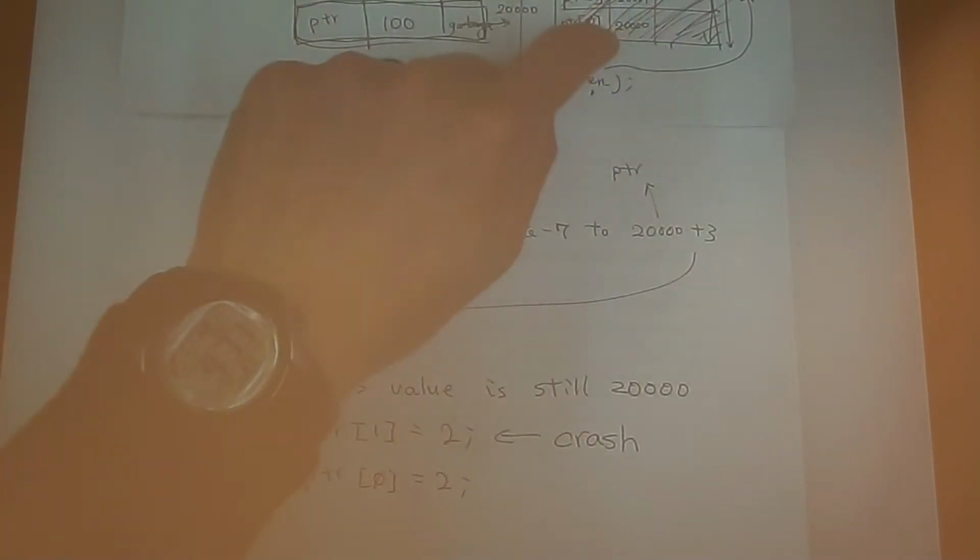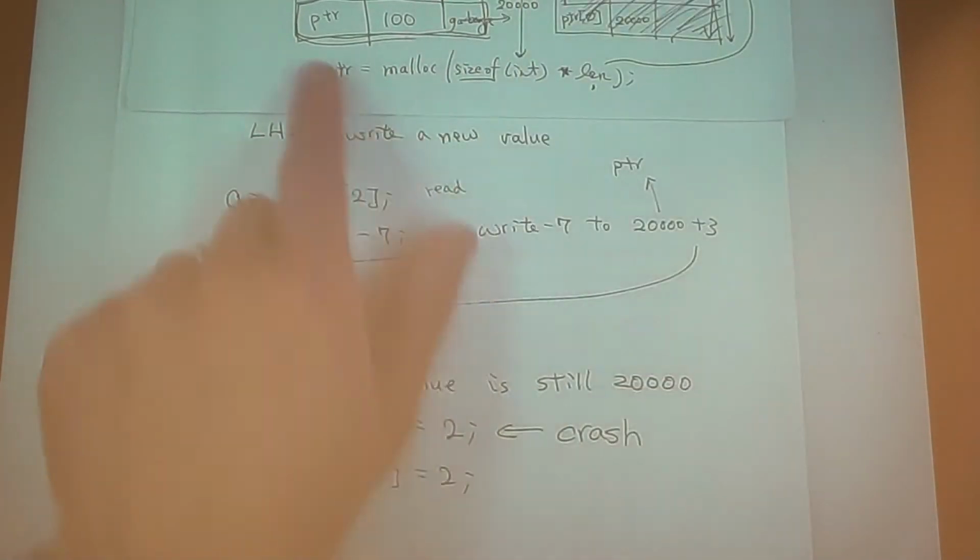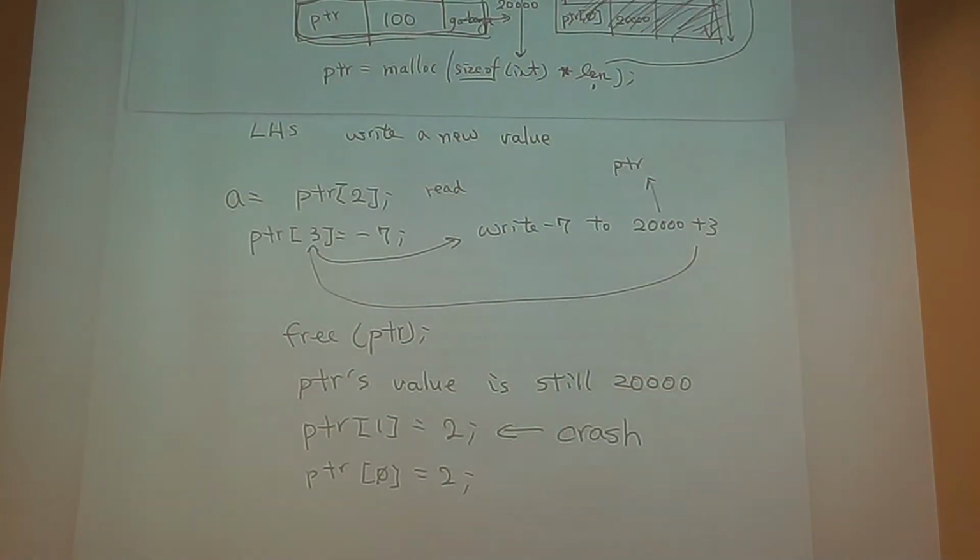You say free, this piece of memory is gone. You did not say reset PTR. You did not say that. So PTR's value is not changed. Like it or not, that's the way C is designed. And the good thing is, it's faster if you do it right. 20,000 is still there.